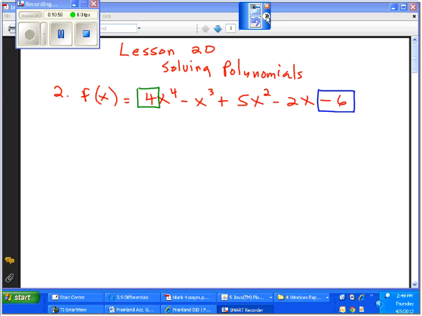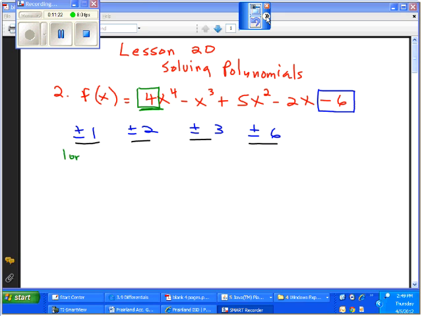And so we're going to put the factors of 6, plus or minus the factors of 6. The factors of 6 are 1 and 6 and 2 and 3. So we're going to have plus or minus 1, plus or minus 2, plus or minus 3, plus or minus 6 over the factors of 4.